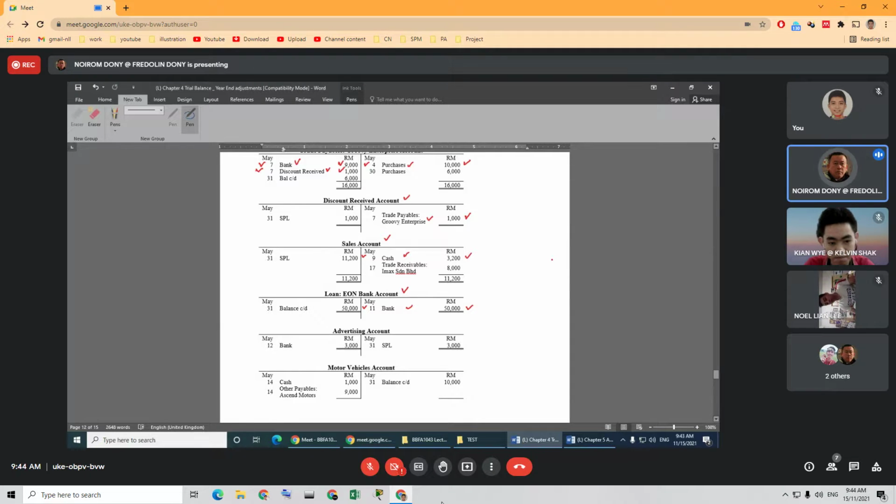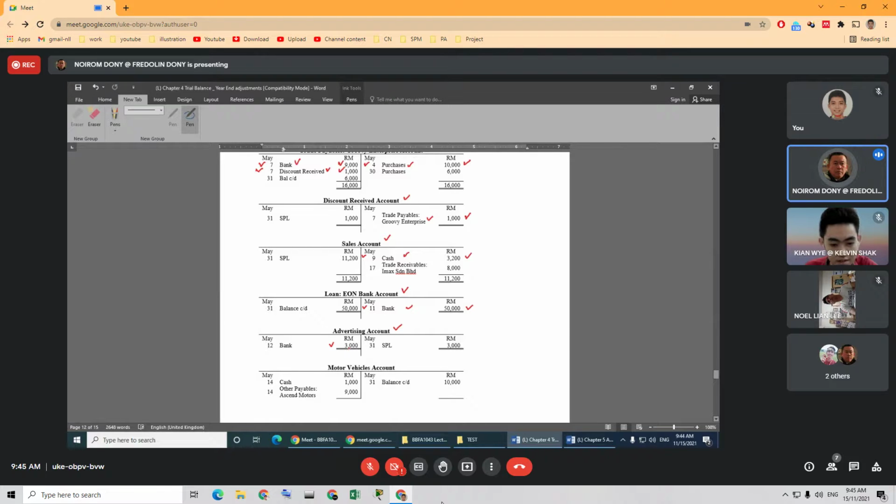Okay, and then on the 12th, paid advertising expenses 3,000 to Direct Media by check. So advertising expenses and check are the keywords. The bank is already open, so you only need to open the advertising account, and this is an expenses account, a debit item. So increase of the debit item, you put on the debit side 3,000.